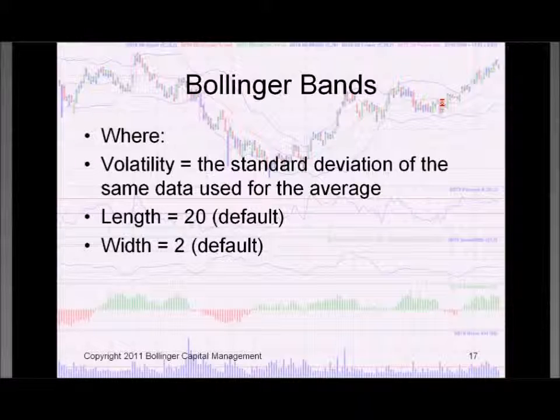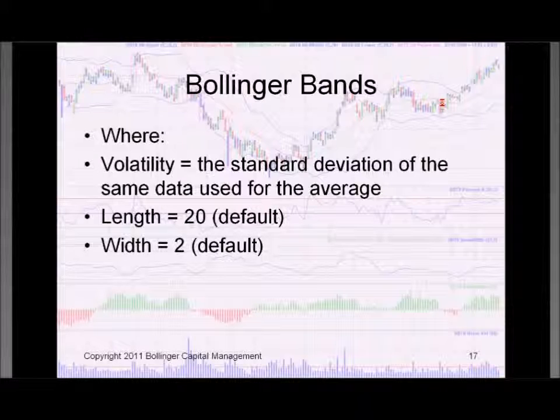One thing I'm always asked about these is what type of average we use. We use a simple moving average, and I suggest that you do too. It seems to work pretty well, and we haven't had much in the way of problems with it. But some people are convinced that an exponential moving average will serve their purposes better, and perhaps it will.